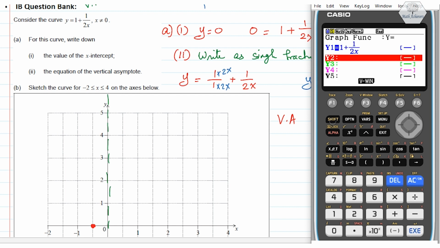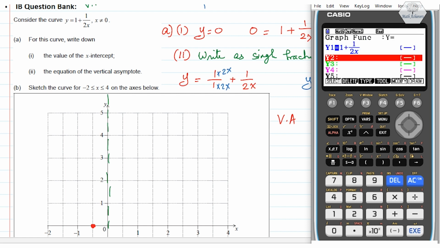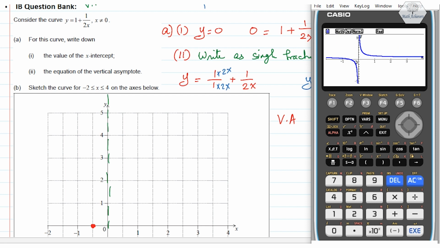And then I fix the V window. Let's get it standard, the x is from -2 to 4, and let's keep the y. Exit and I draw. So I have this function this way. But first, let's do some extra work and find the horizontal asymptote before drawing.